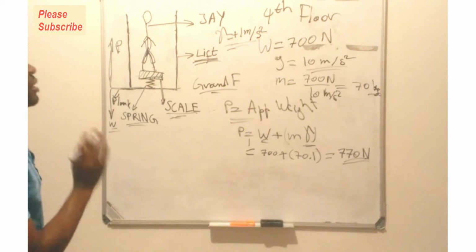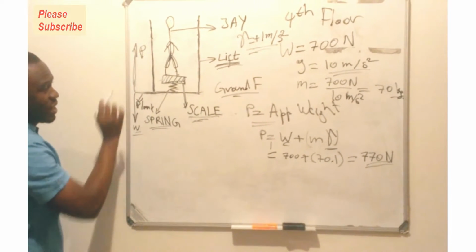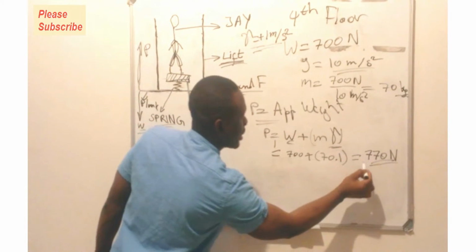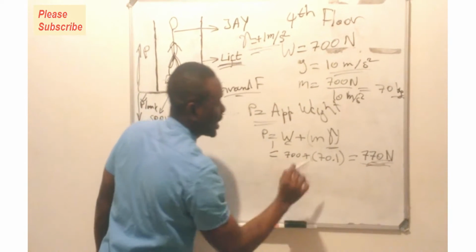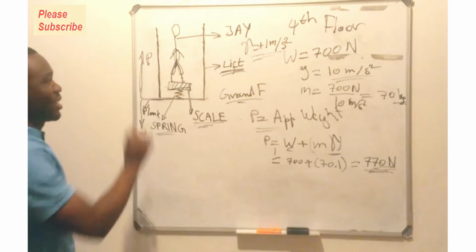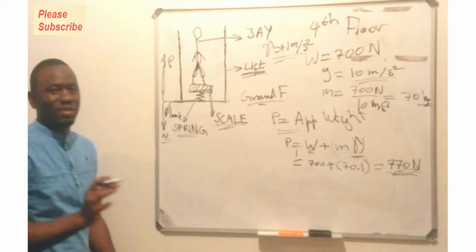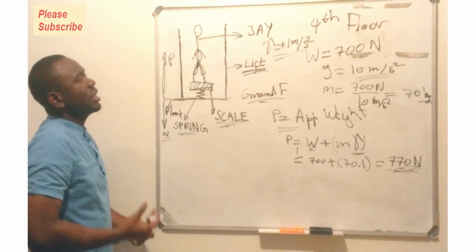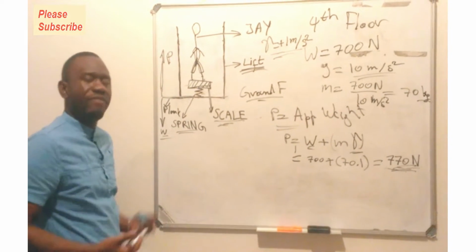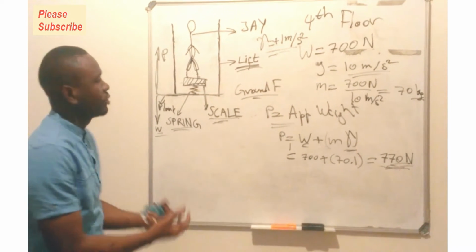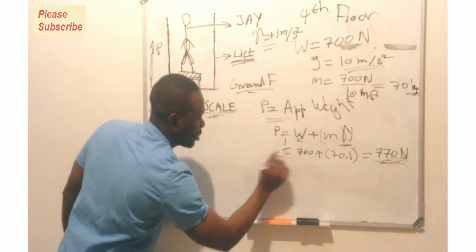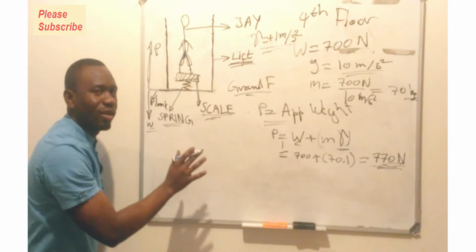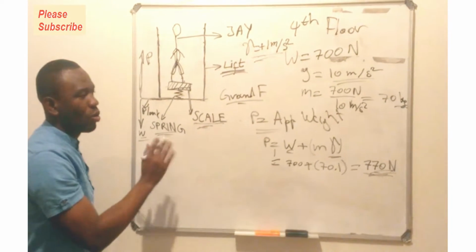At the moment that the lift starts going up, Jay realizes that his weight has gone up by 70 Newton. He has gained weight in a few seconds. So what's happening is it feels heavy. It feels heavier than before. This is what you go through daily or weekly.